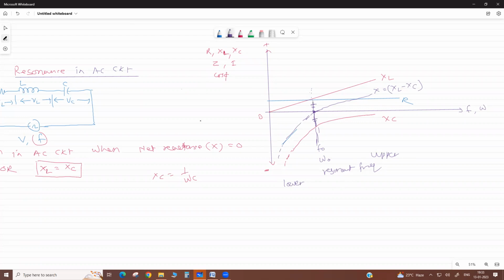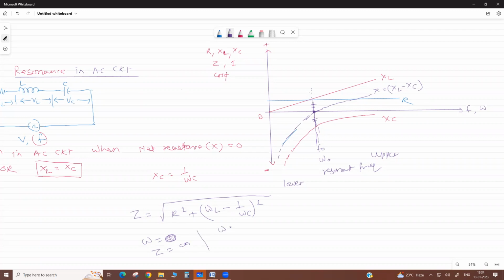If we now calculate the total impedance, your total impedance is the square root of R square plus (omega L minus 1 by omega C) whole square. When omega is 0, Z is infinity.